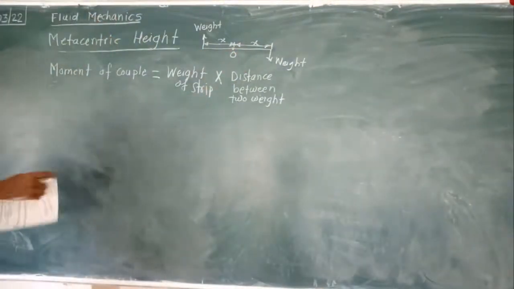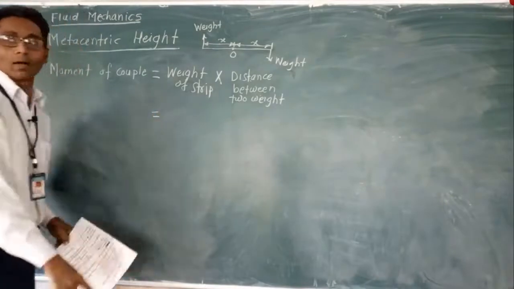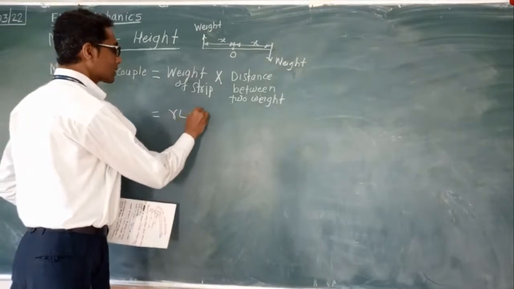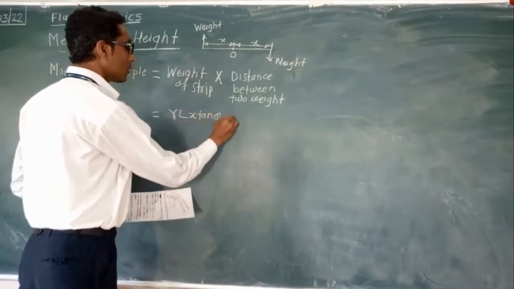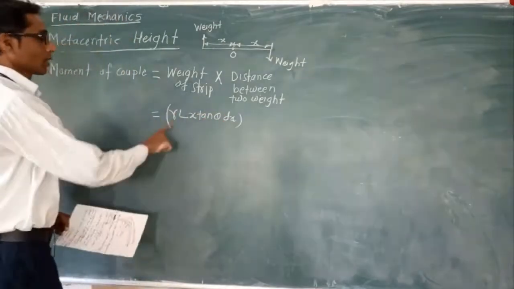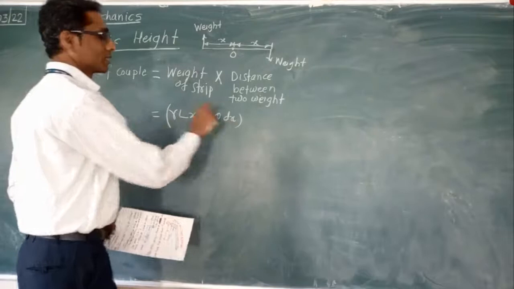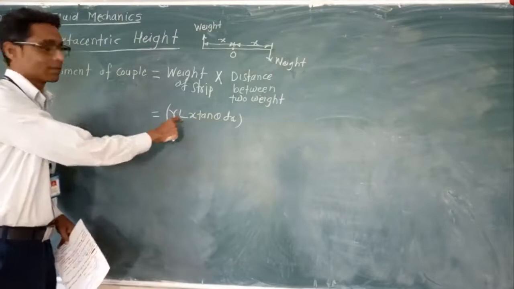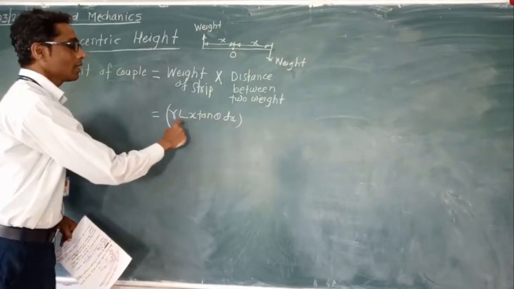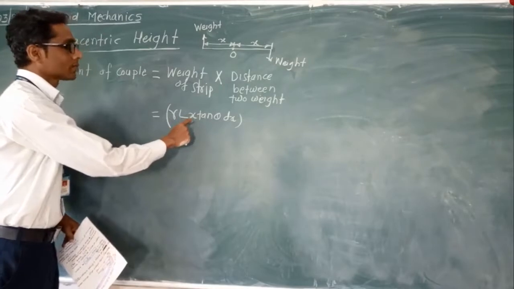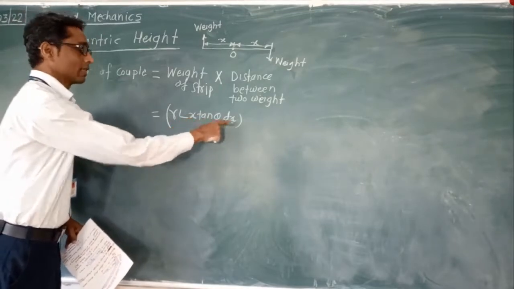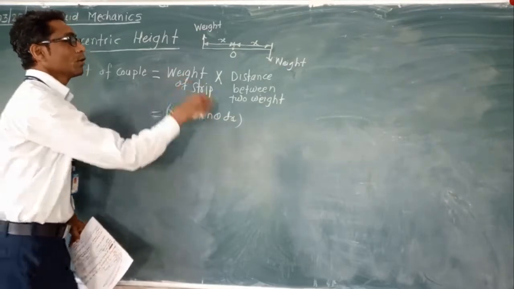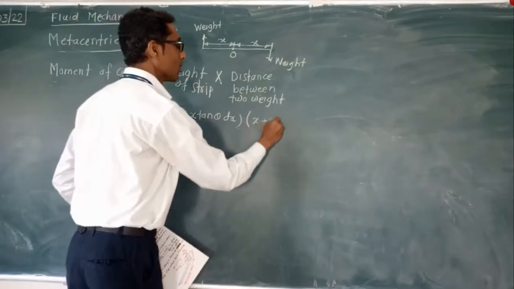So weight of strip, that we have already written, is gamma L x tan theta dx. Dx is thickness, x tan theta is height and L is length. So this is the volume. Volume into gamma means weight, into distance between them, that is x plus x.